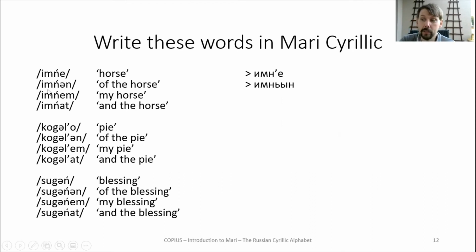If you say my horse, imyem, with this m, possessive suffix, first person singular, before a, we do not orthographically mark palatalness, so here it's invisible again. But if we say also the horse and the horse with the clitic at, which deletes the final a, and we have imyat, now we use the ya sign after the n.